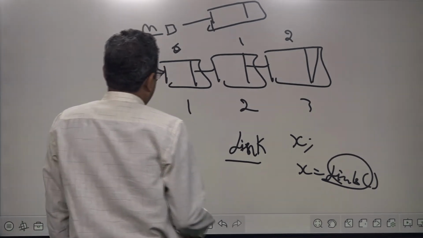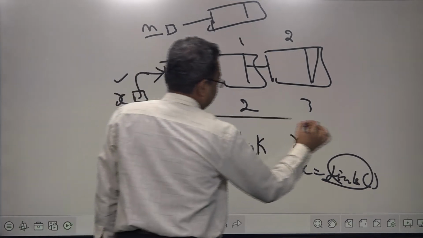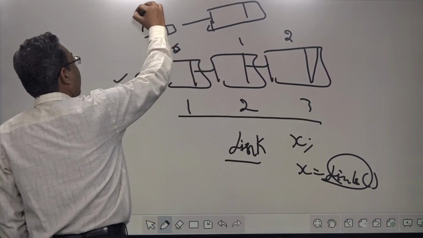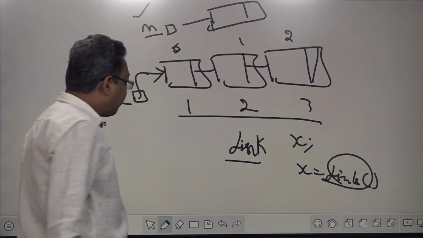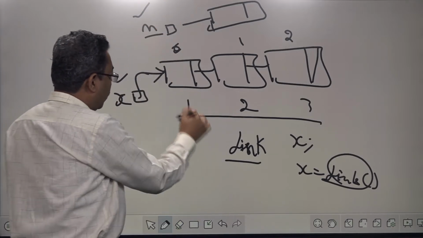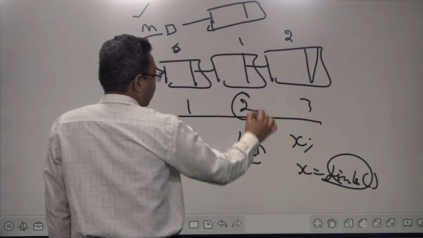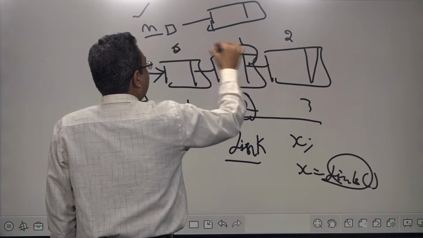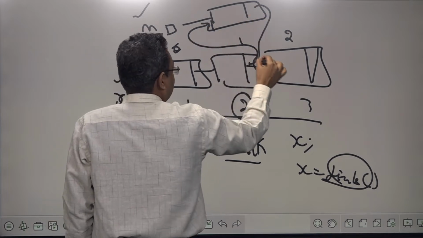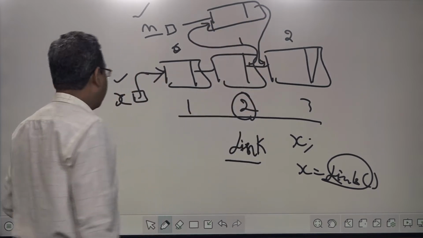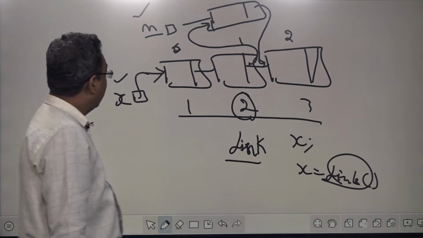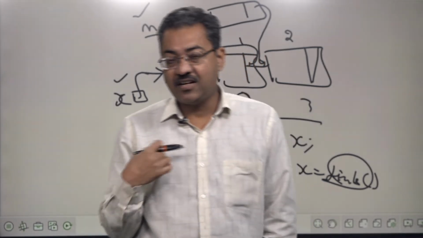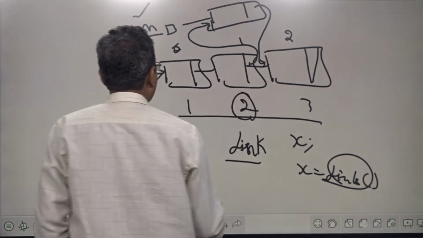If I am going to assume this, and I want to insert this new node n after the second node, then I want this to be the connector between this and this. If I am able to do this, then definitely I will be able to insert a new node at the required position 2.